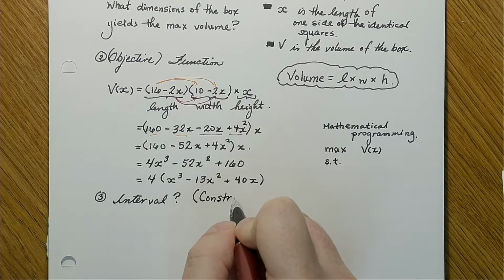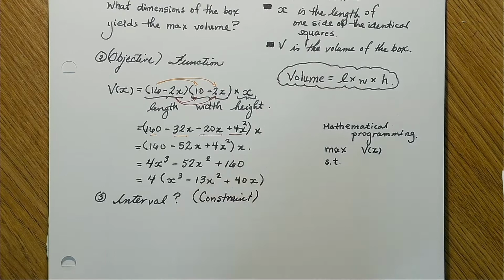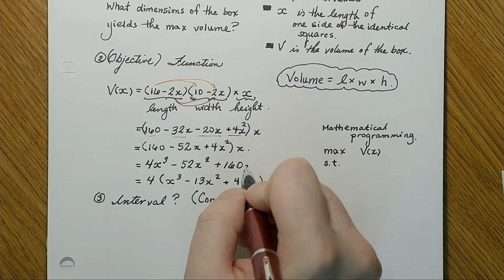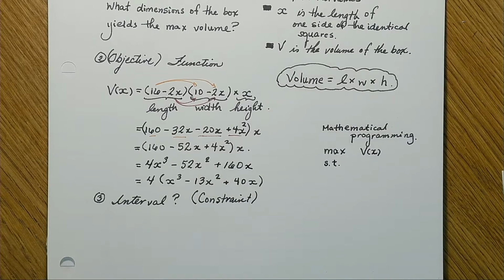The interval is our constraint. So what do we have for a constraint? Okay, 160. Yes. Perfect. Thank you. I have to remember to look up at the screen. Yes, thank you.